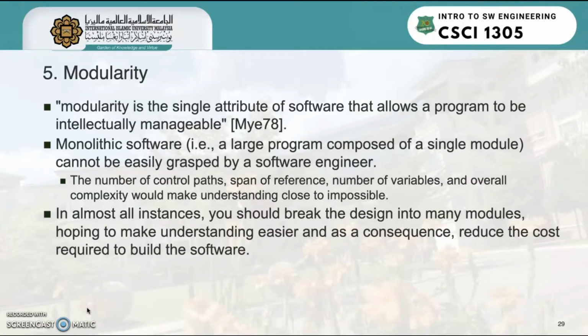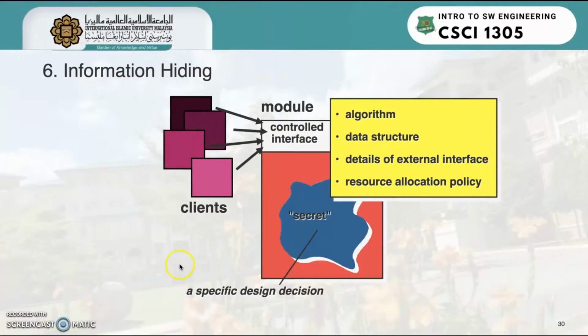It's not modular. If it is modular, then it should be broken down into smaller pieces so that it is much easier to understand and handle. That is the modularity concept.